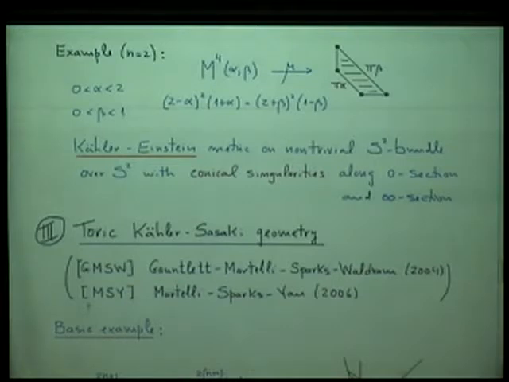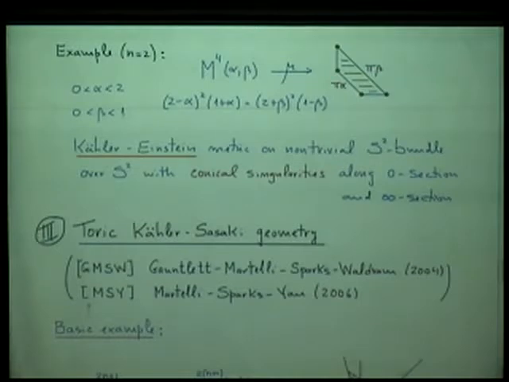So I'll interpret this as having, this is the first Hirzebruch surface. So it's essentially the non-trivial S2 bundle over S2 with first Chern class 1, the bundle.